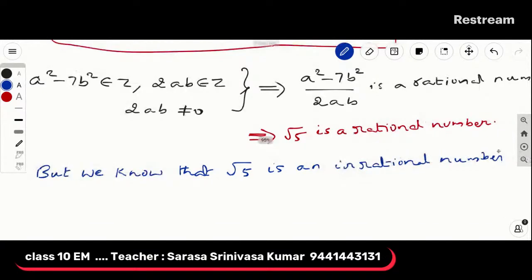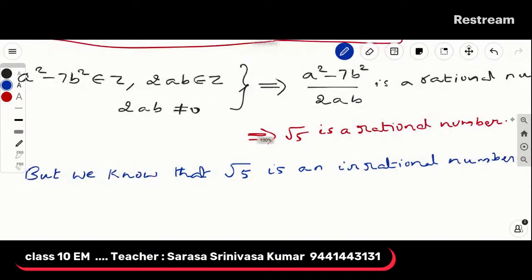So we got a contradiction. What is the contradiction? We got a contradiction that square root of 5 is a rational number. Square root of 5 is in fact an irrational number. So we write that step.